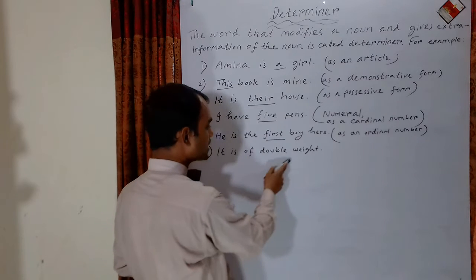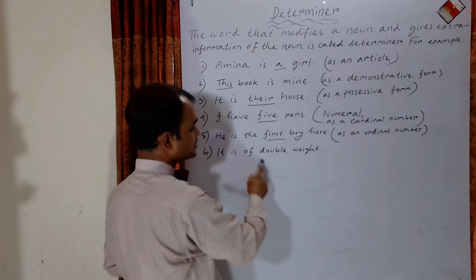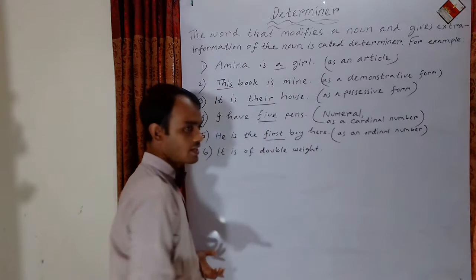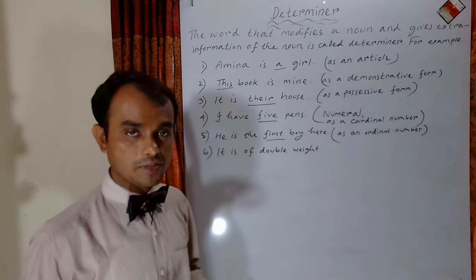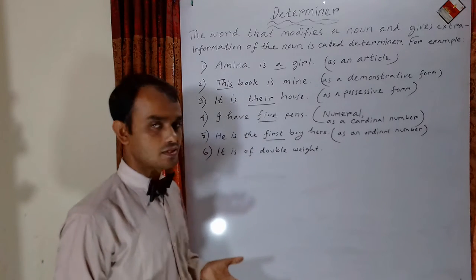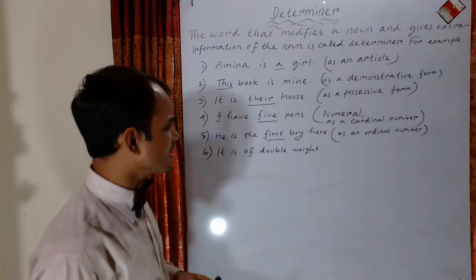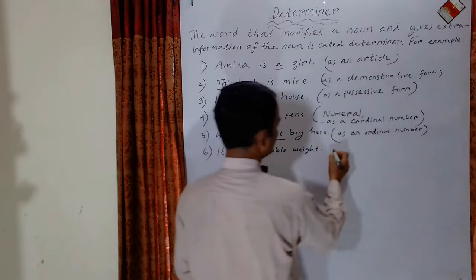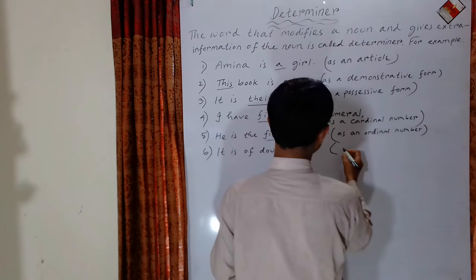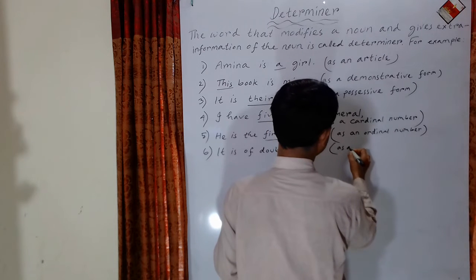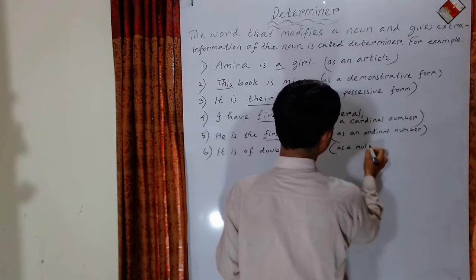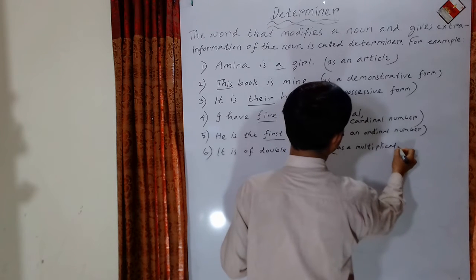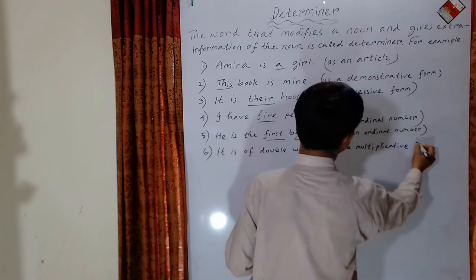Okay, and this multiplicative form is modifying the noun weight and also giving extra information of that noun weight. So this is also a determiner as a multiplicative form.